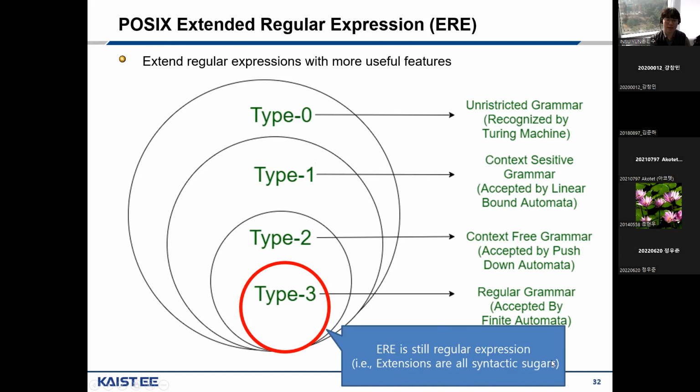Syntactic sugar means some kind of expression that is supported at the language level and is used for making your expression simpler. But this is not a fundamental difference, which means that it does not increase the size of the language that it can accept. All these things are just syntactic sugar.